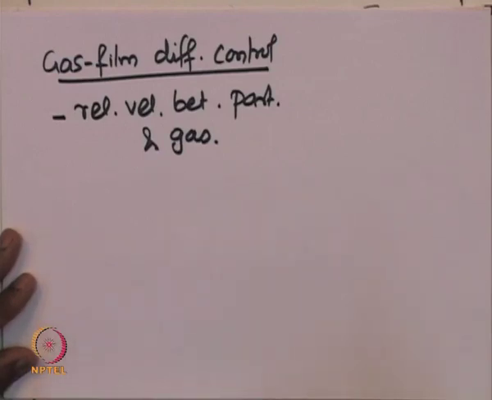Remember that the reaction is conducted in a reactor where the particles are moving relative to the gas phase. So, the relative velocity plays an important role in how much resistance the gas film offers to transport of the reactants from the bulk gas phase to the surface of the unreacted core.